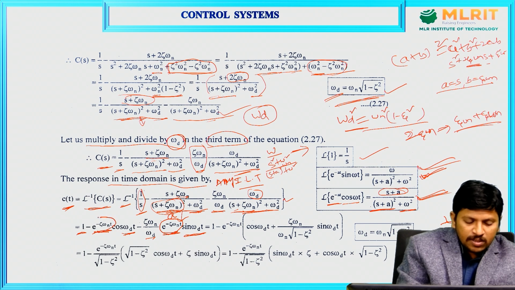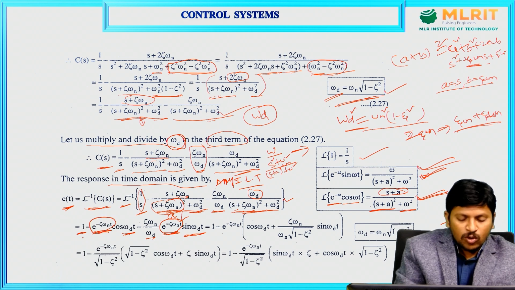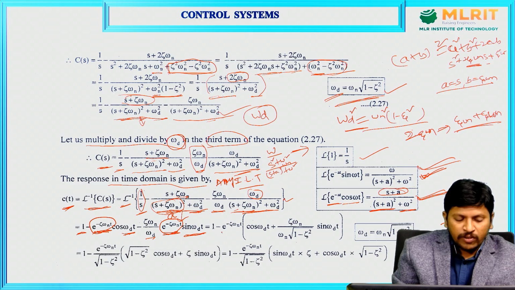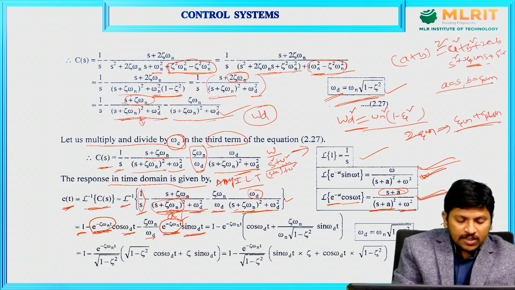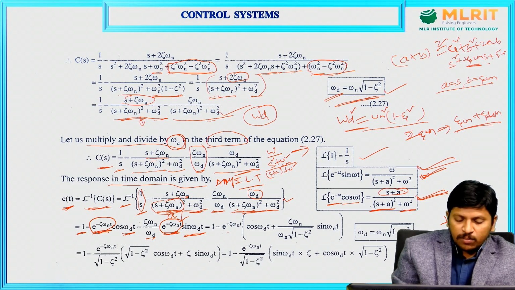Just common this term from this equation: 1 minus e^(-zeta omega_n t) common, times cos omega_d t plus zeta omega_n divided by omega_d sin omega_d t.